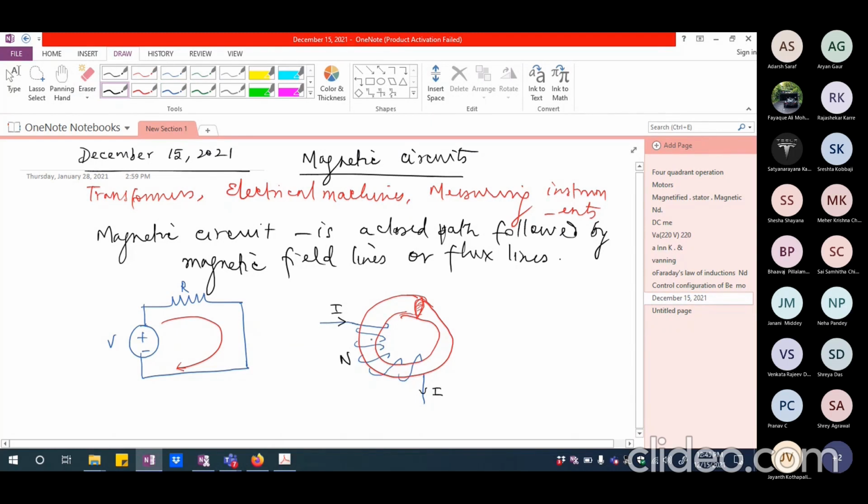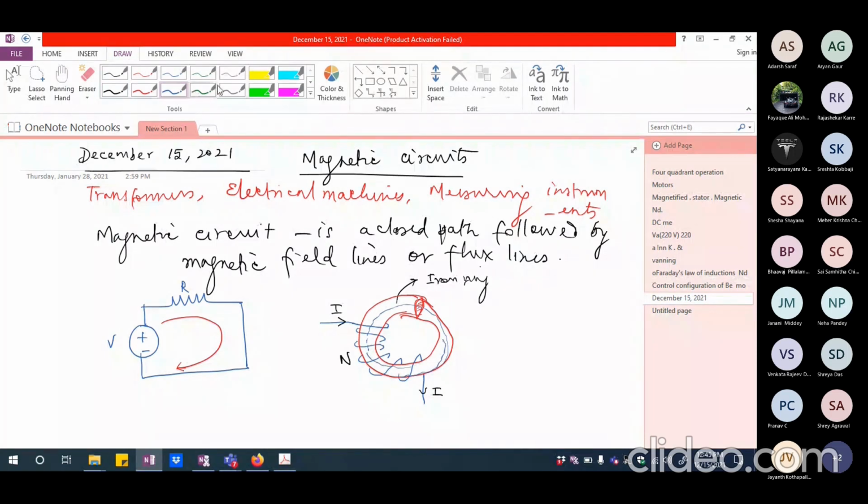So this current flowing through the winding, which is wound around an iron ring, is going to set up a flux. The flux line that goes through this iron ring is going to have a closed path.